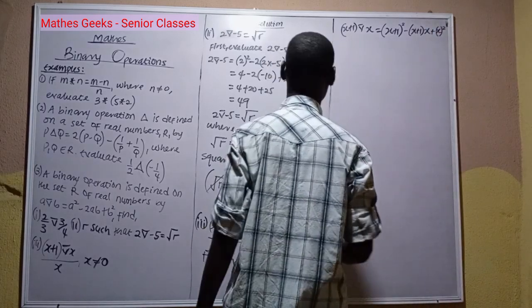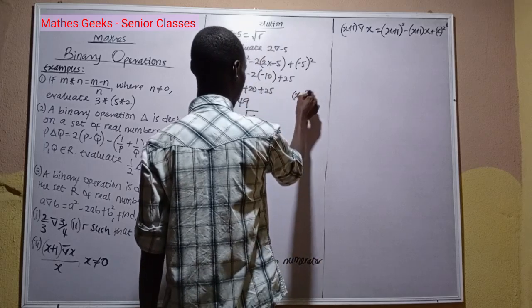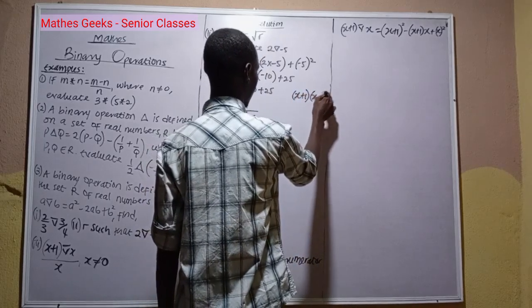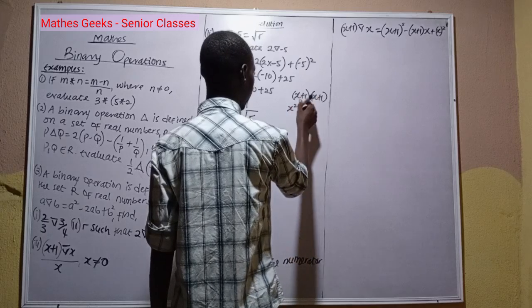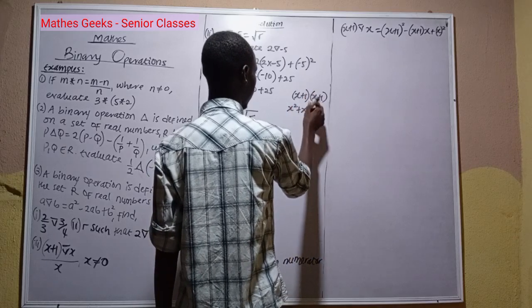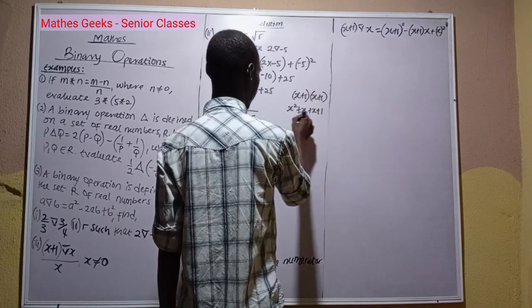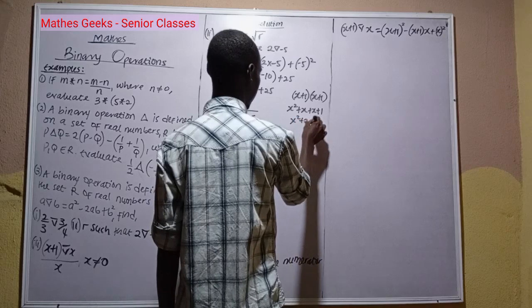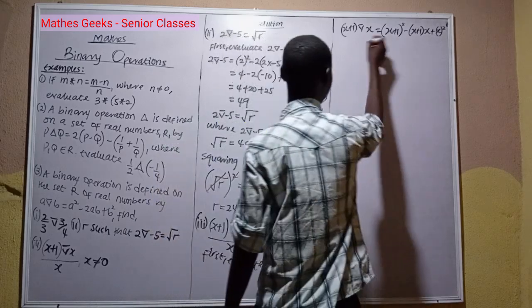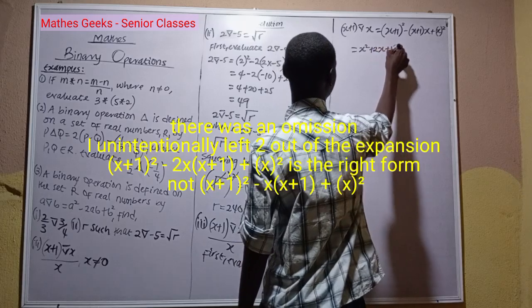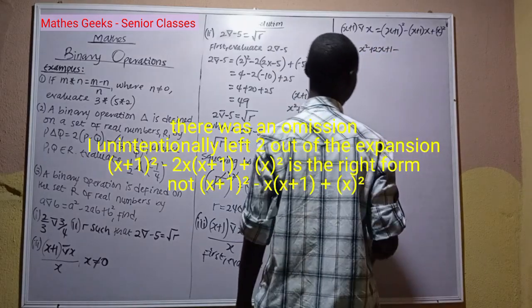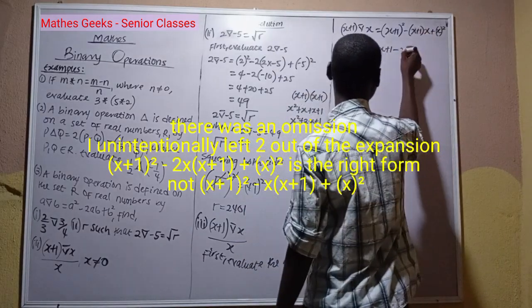So x plus 1 squared, let's open the bracket: x times x will give us x squared, x times 1 is x, 1 times x plus 1, so this will give us x squared plus 2x plus 1.